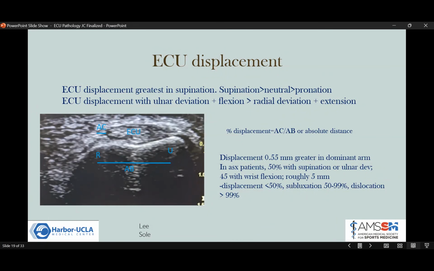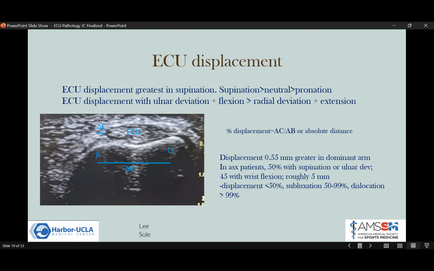In asymptomatic patients, you might see displacement of 50% in supination or ulnar deviation, or about 45% with wrist flexion. Total displacement usually is about 5 millimeters in asymptomatic patients, and that would be considered in the realm of normal.